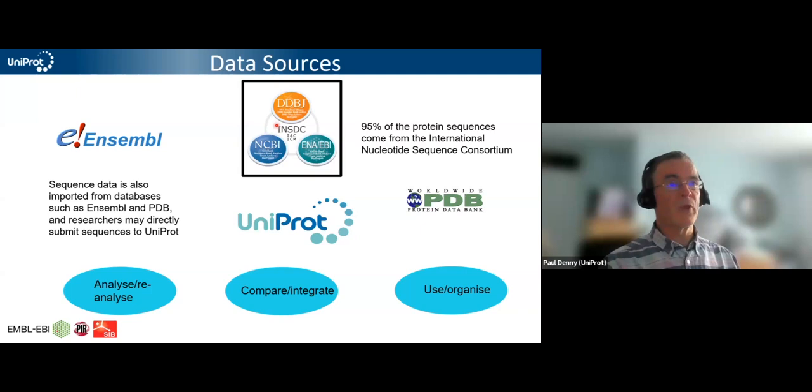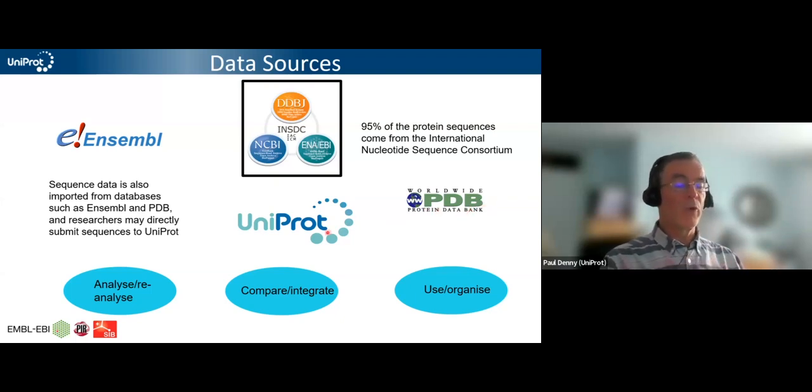Protein sequences derived from these nucleotide databases are the major source of data that comes into UniProt. But we also pull in data from Ensembl, the genome browser, again here at the EBI, and from PDB, the structure database.